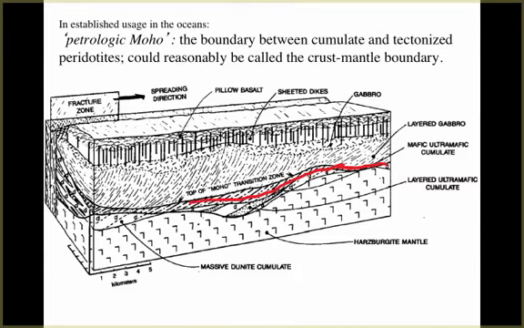So we're following the mafic rocks at the base of the oceanic crust. That's approximate. And then the rocks beneath that are harzburgites, peridotites that make up the mantle.